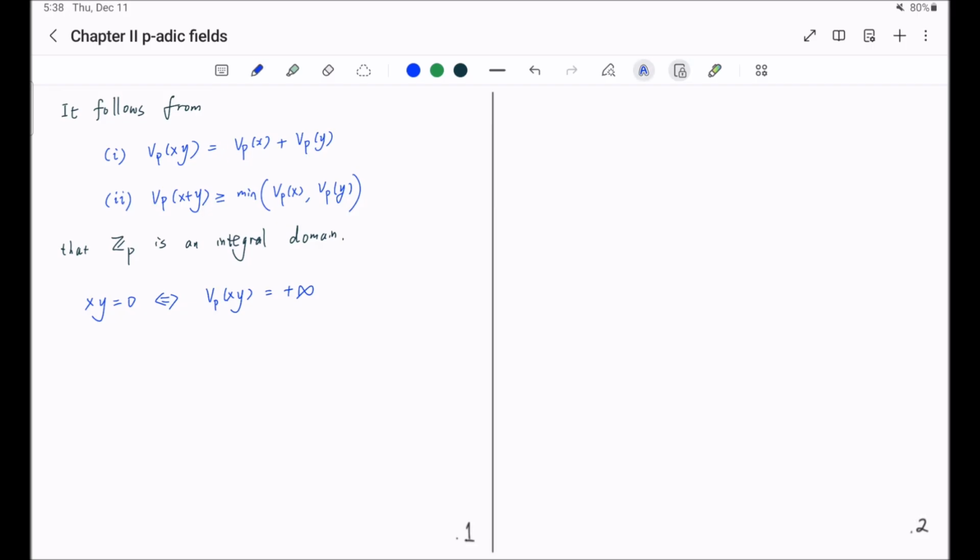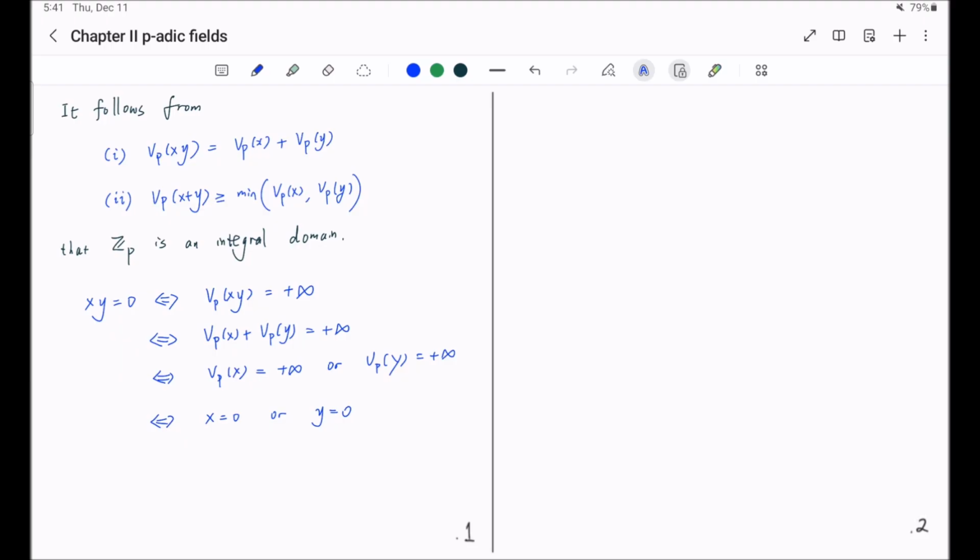But by the first property, Vp of xy is equal to infinity if and only if at least one of Vp of x and Vp of y is equal to infinity. And this happens if and only if x is equal to 0 or y is equal to 0. So with the notion of valuations, we can easily verify this with just a few lines.